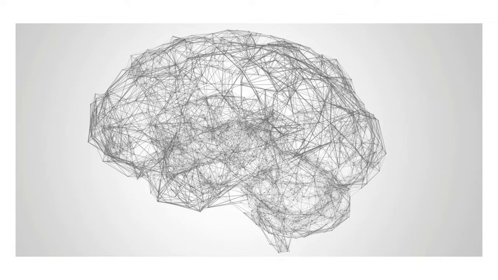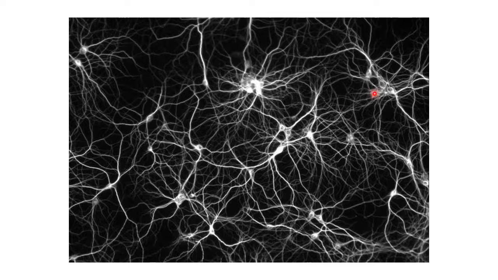Here is an image of the human brain showing the neural connections within the brain. Here's a close-up of that, and these are the individual neurons. These are biological neurons. Each neuron is connected to about 10,000 others, and there are about 10 to the power 10 billion neurons in total.